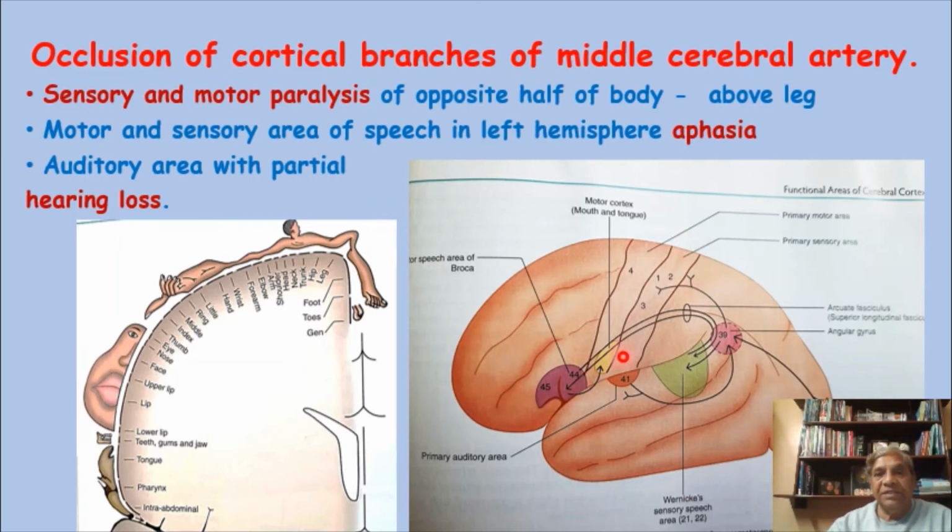So the body is represented here upside down, and any occlusion of the middle cerebral artery will lead to the loss of motor and sensory function.